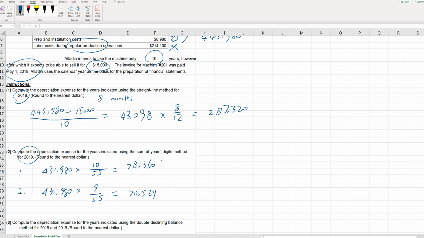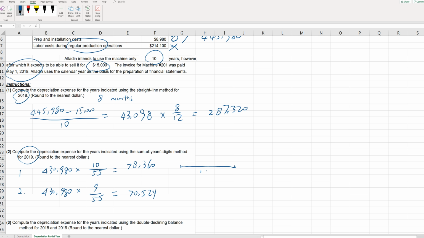Alright, so remember, this is the first year depreciation expense, second year depreciation expense, and let's answer the question for 2019. But let's start with 2018. For 2018, the depreciation starts with 8 months. The 8 months from where?